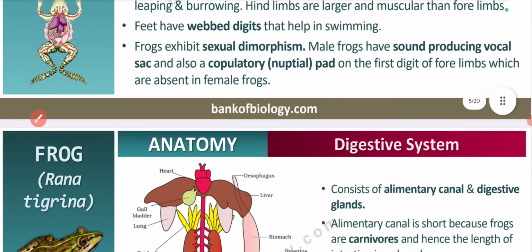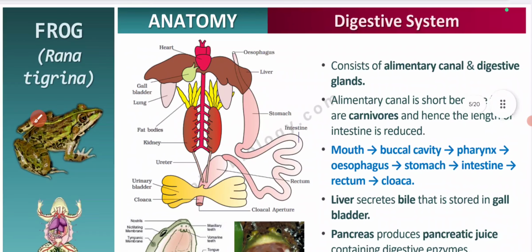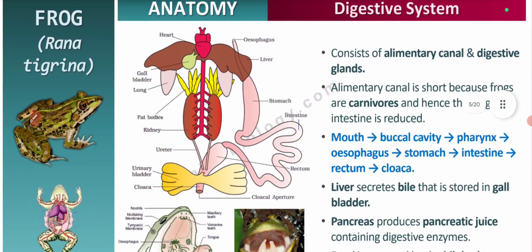Next, the digestive system consists of the alimentary canal and digestive glands. Alimentary canal is short because frogs are carnivores, and hence the length of the intestine is reduced. So the pathway of the digestive system in frog: mouth, buccal cavity, pharynx, esophagus, stomach, intestine, rectum, cloaca.